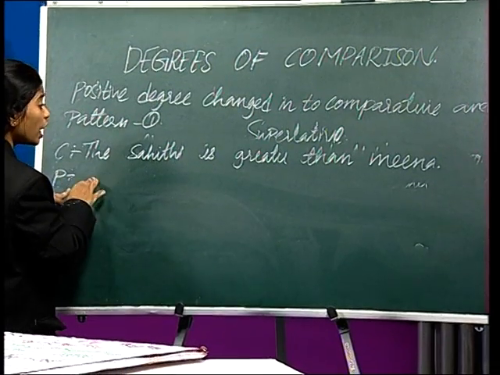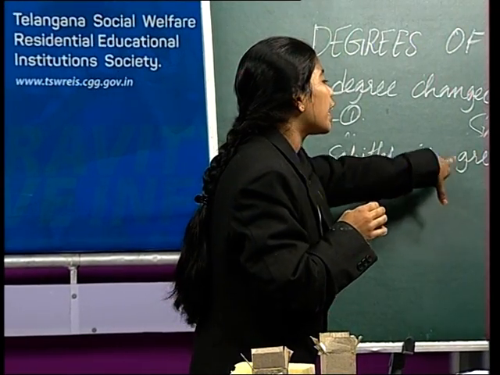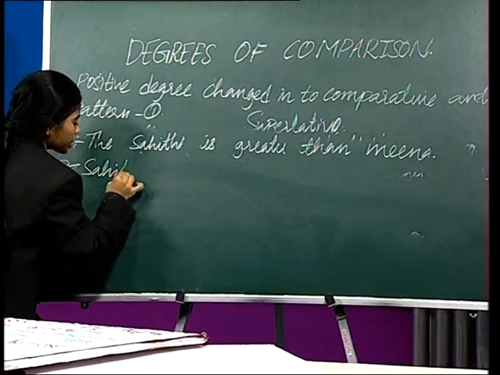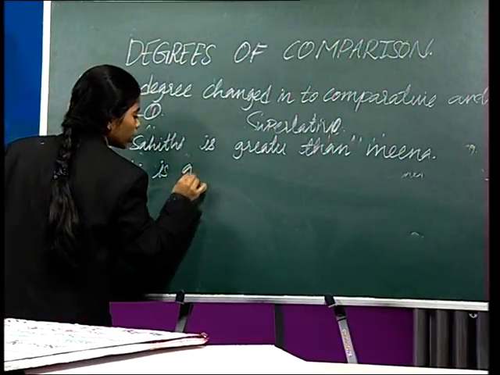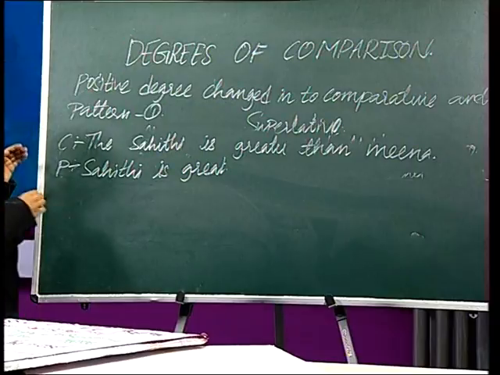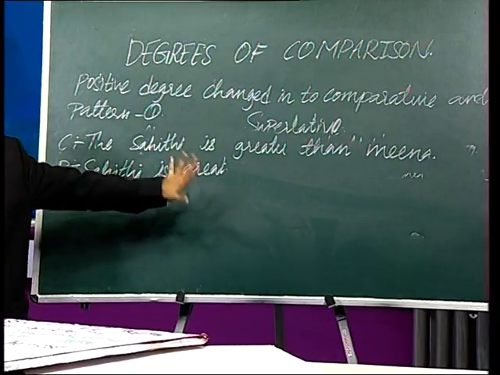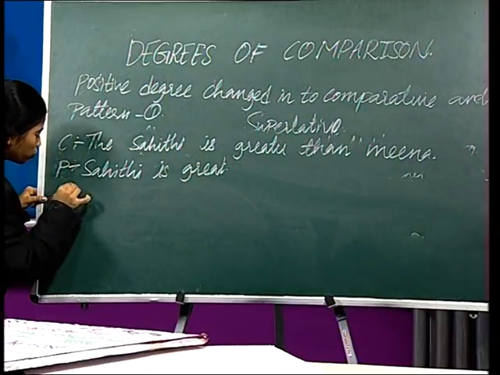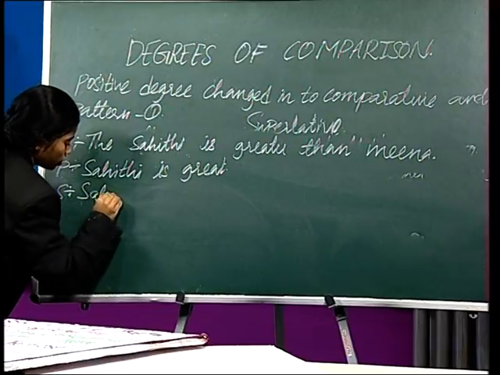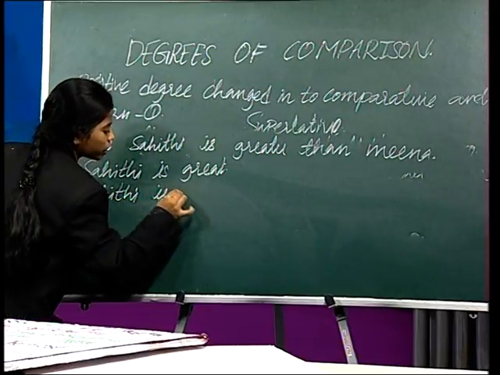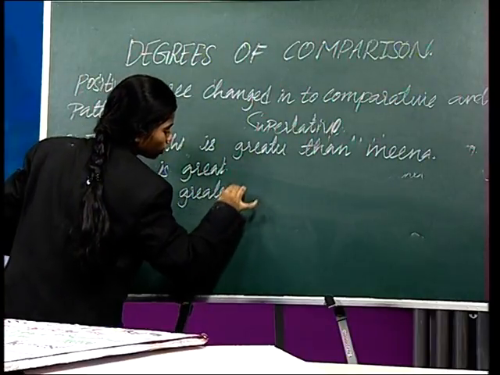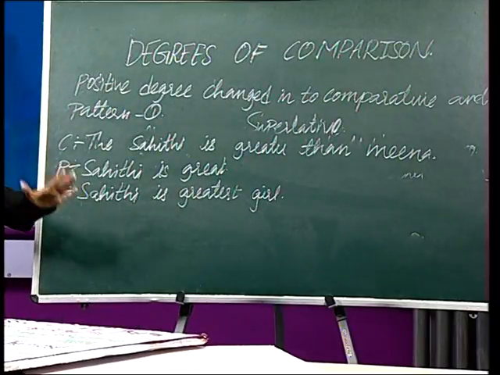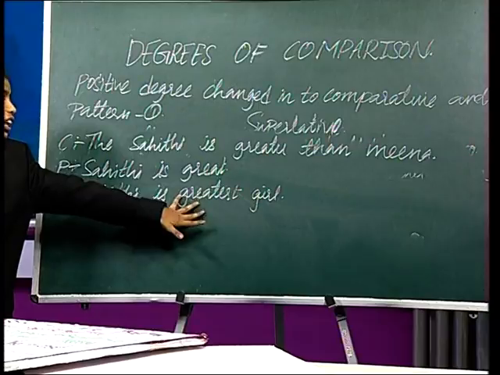Positive form. In the comparative, Sahiti is greater than Meena, so in the positive form, Sahiti is great. In the superlative, Sahiti is the greatest girl. Sahiti is greatest girl or great girl? Greatest girl.